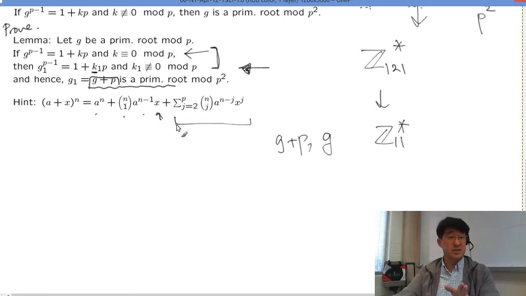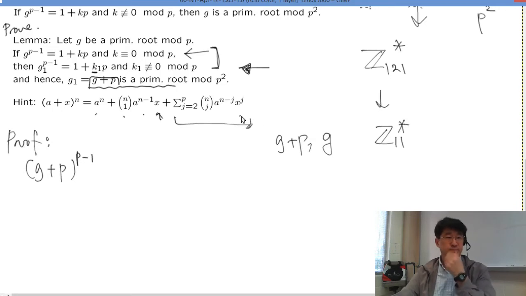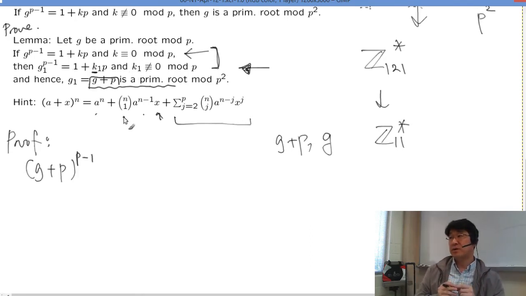So what are you going to raise this g plus p to? P minus 1 power. So the proof starts like this: g plus p raised to p minus 1. Then use this formulation to show this can be rearranged into that form such that k1 is not 0 mod p.